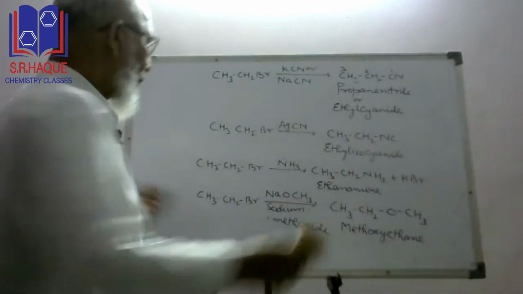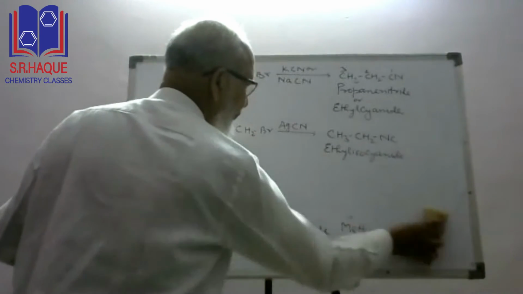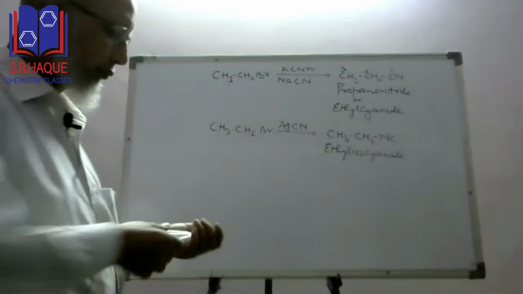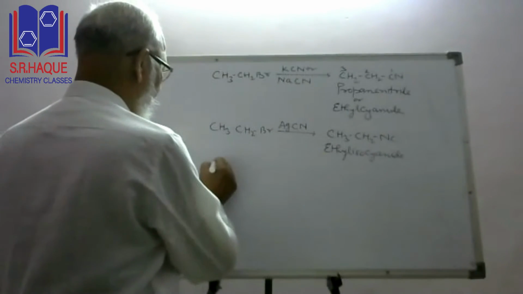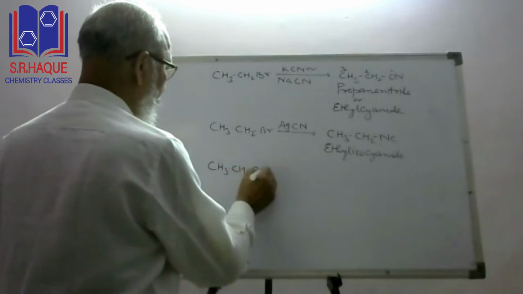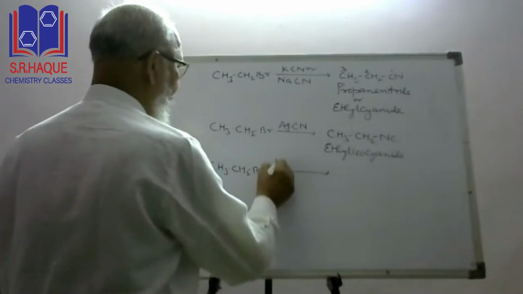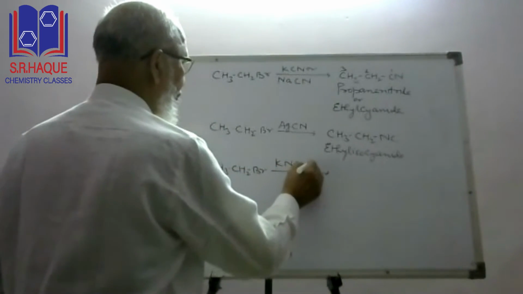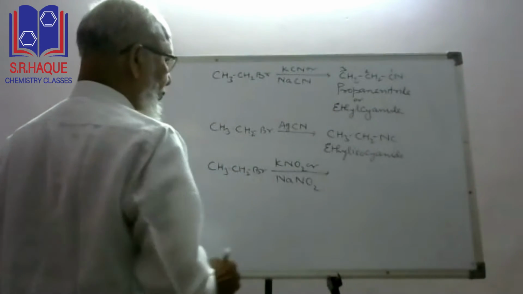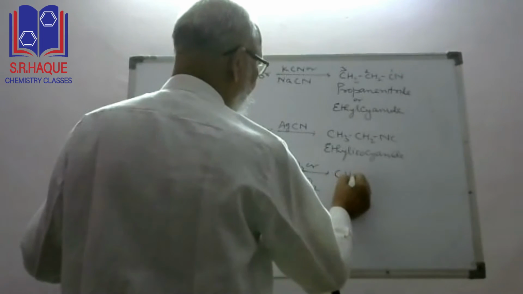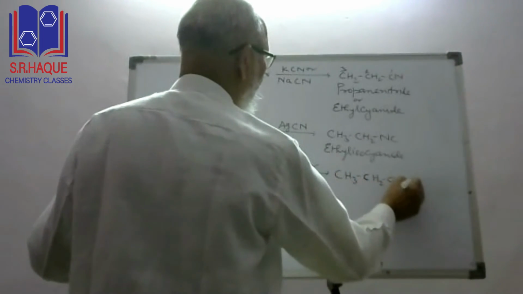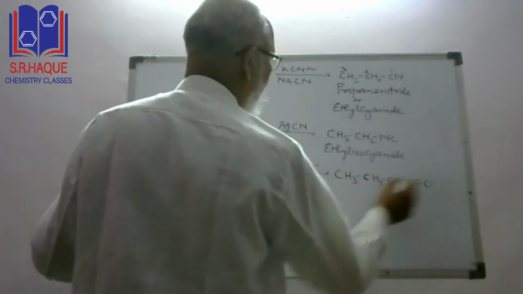Likewise, if there is reaction of CH3CH2Br with alkali metal nitrite like KNO2 or NaNO2, there is formation of alkyl nitrite, CH3CH2O-N=O.